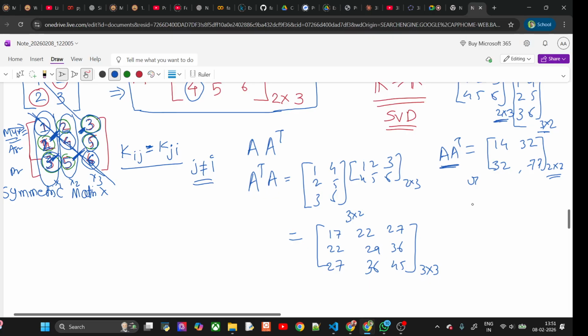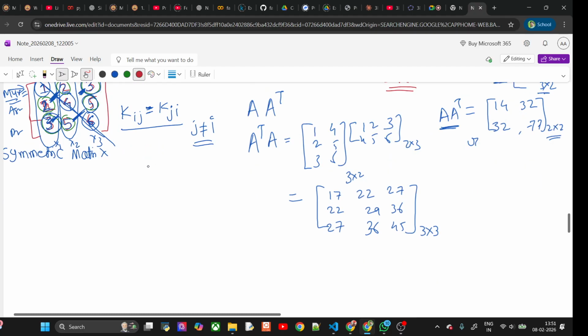So what you found here is this 2 cross 3 matrix, which is your A matrix.